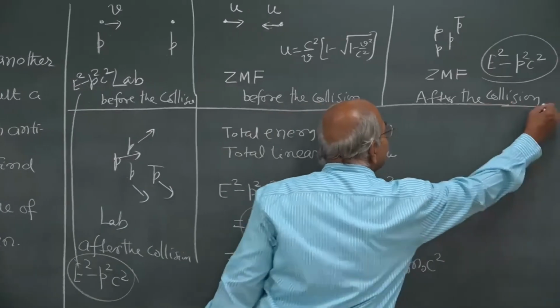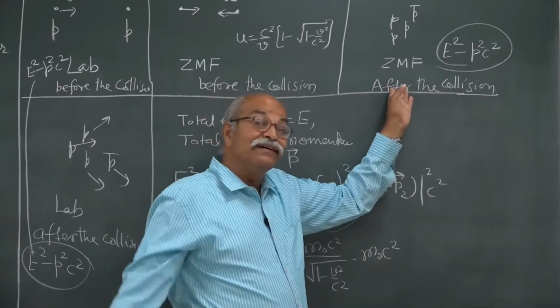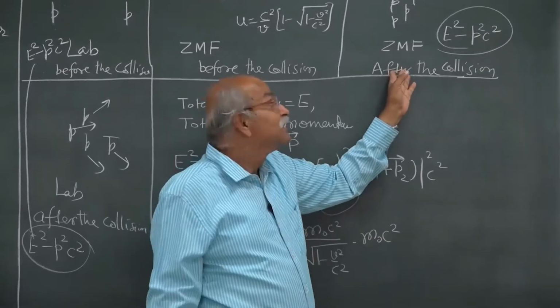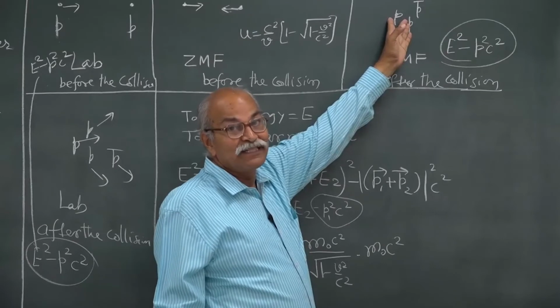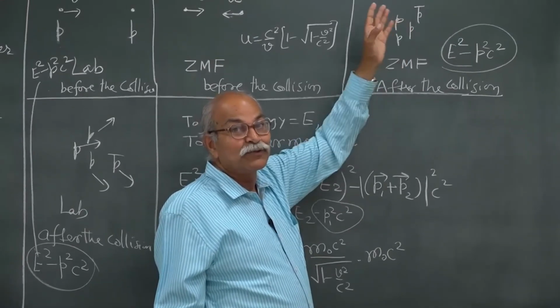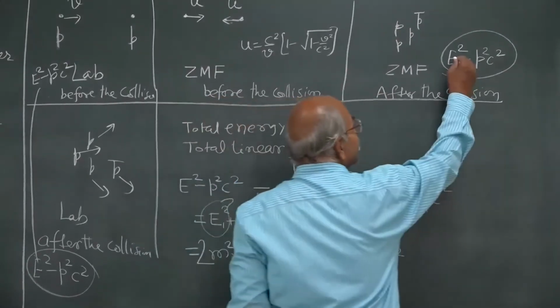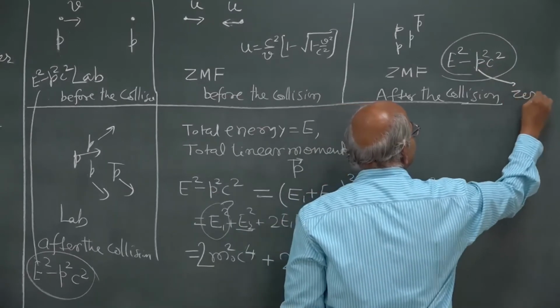And if I look at this here after the collision in the zero momentum frame, they are all at rest. So, the total energy is 4 times m naught C square, and hence the total energy square minus P square C square, this P is 0.